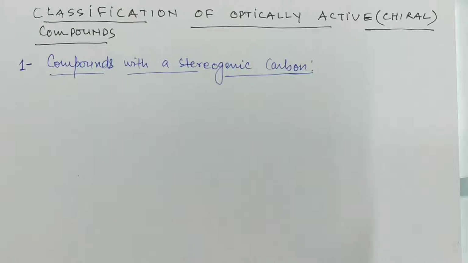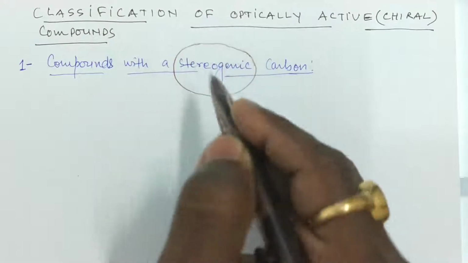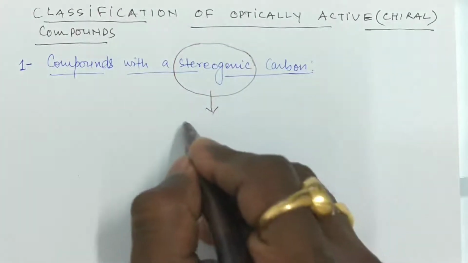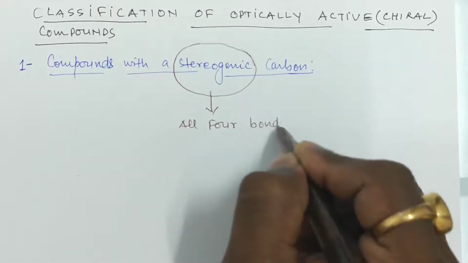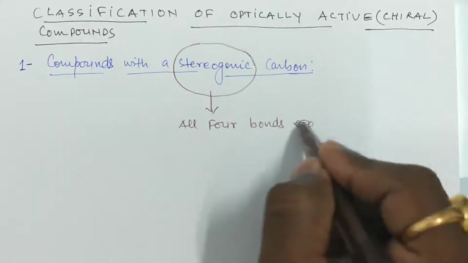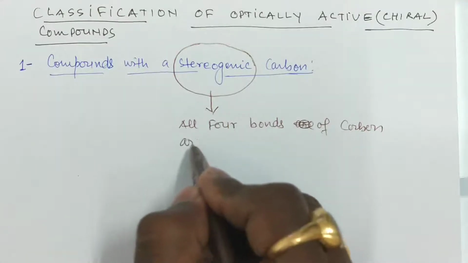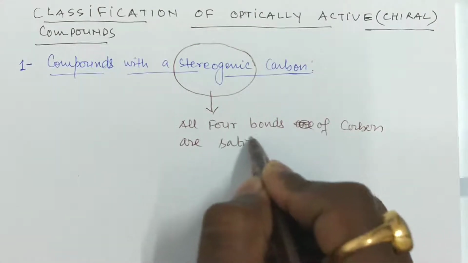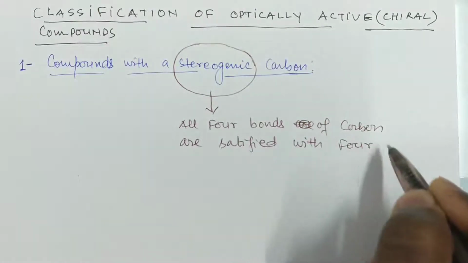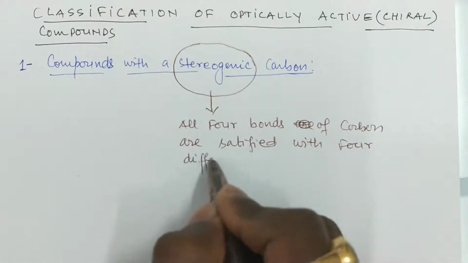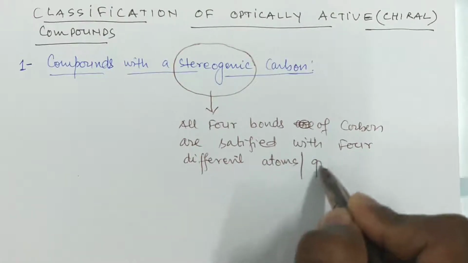So again here we have one more new word. What is stereogenic? Stereogenic means if all four bonds of carbon are satisfied with four different atoms or groups of atoms.